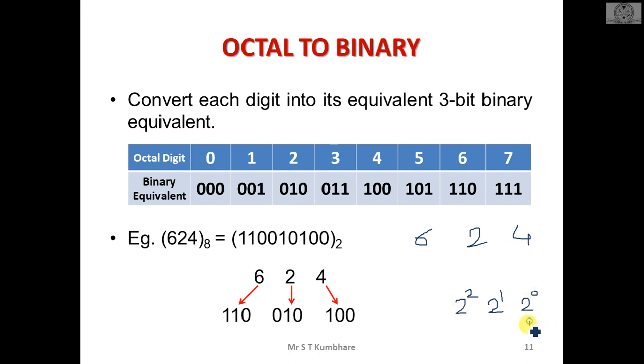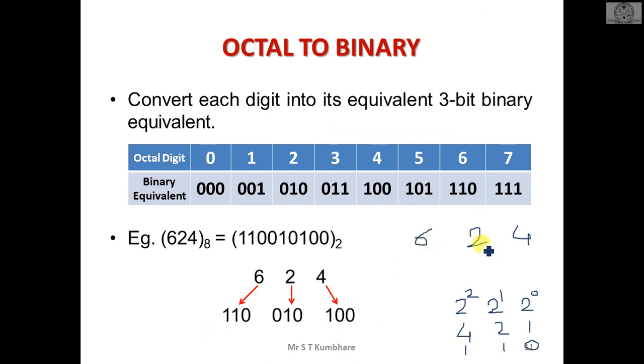Then 2 raised to power 0 is 1, 2 raised to power 1 is 2, and 2 raised to power 2 is 4. I want 6. So 4 plus 2 gives 6. No need to make this bit 1, so I will make it 0. So this will be 1, 1, 0.